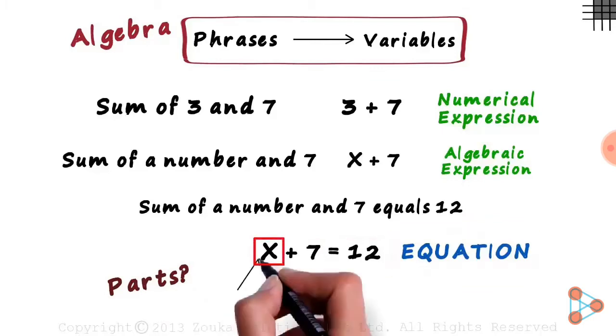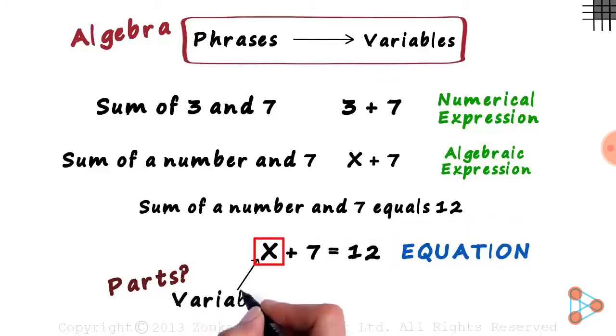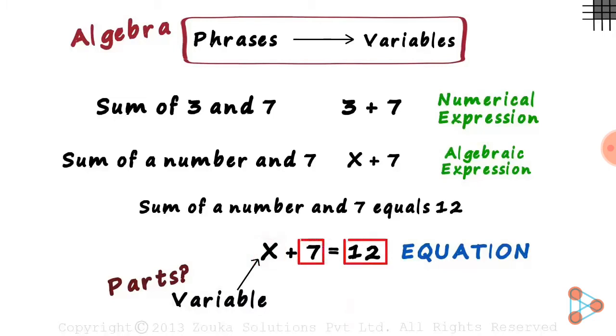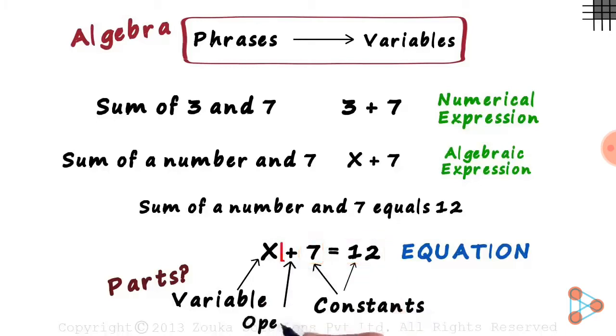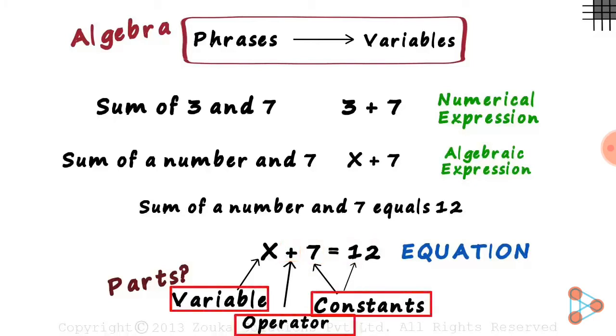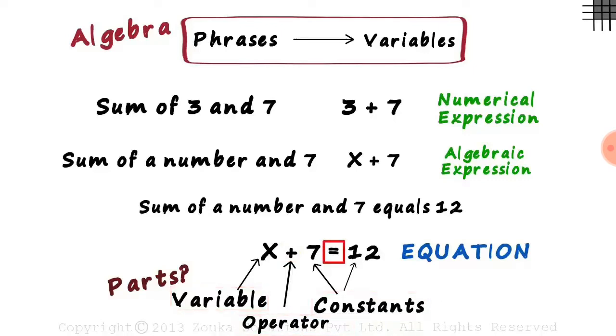This is called the variable, that is, what we are expected to find. And these two numbers are called constants as their value remains constant. There are also operators like addition and subtraction. So these are the important parts of an equation. Remember, the equal to sign divides the equation into two sides, the left-hand side and the right-hand side.